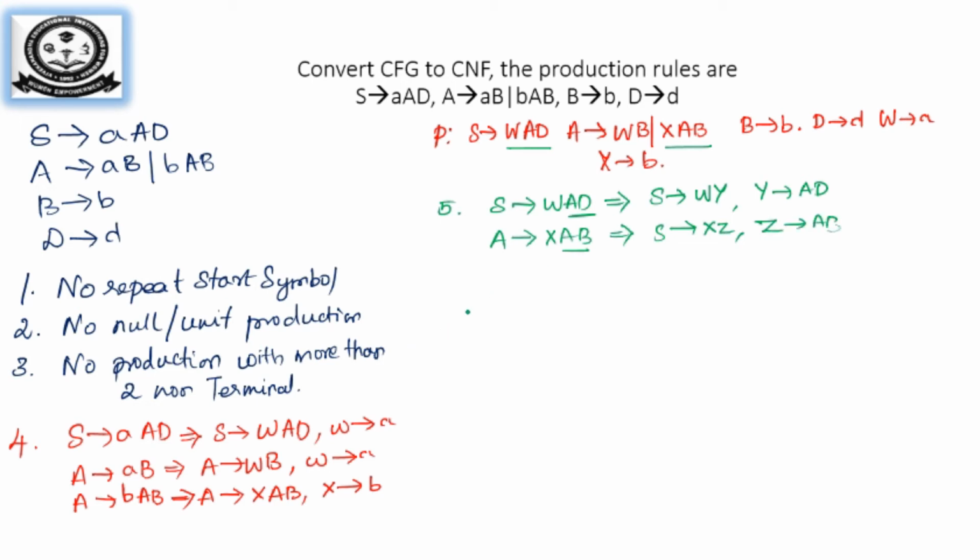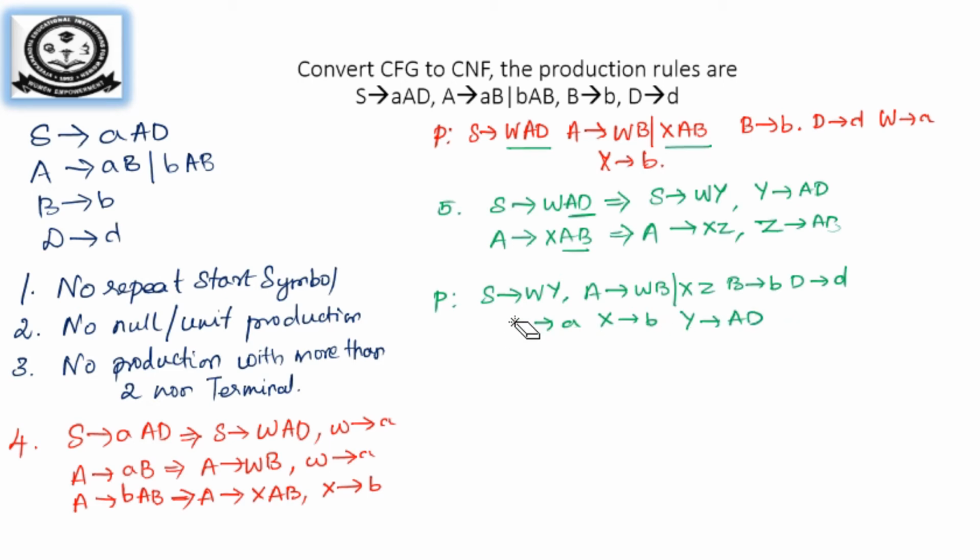So your final production rule P will be of the form S tends to WY, or XZ, and B tends to B, D tends to D, W tends to A and X tends to B, Y will be tending to AD.